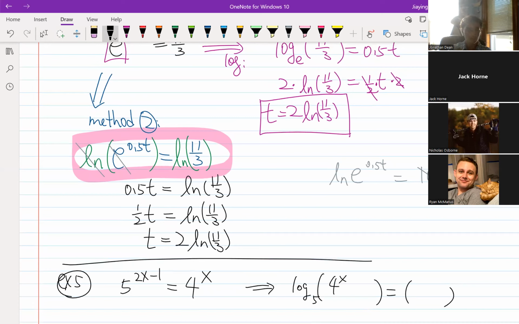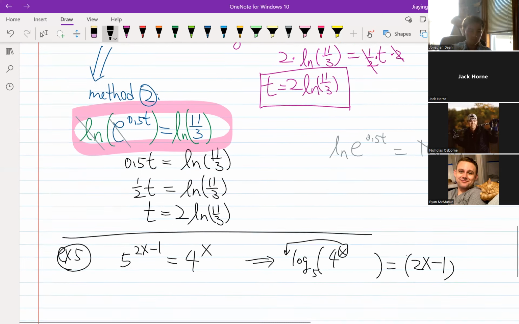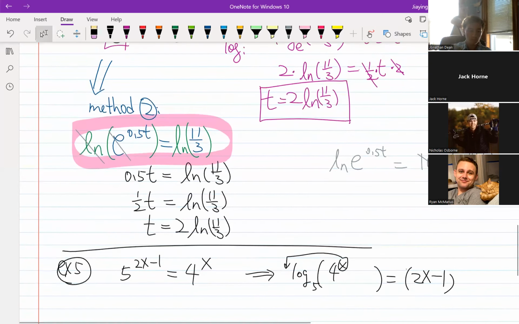That's 4 to the x. What about the other side? 2x minus 1. Okay, so we still have an x in the log, then we have to use the property to bring the x in front. If you don't know that, you kind of get confused over here, right? So that's one way to do it. It works if you're familiar with the properties of logs.